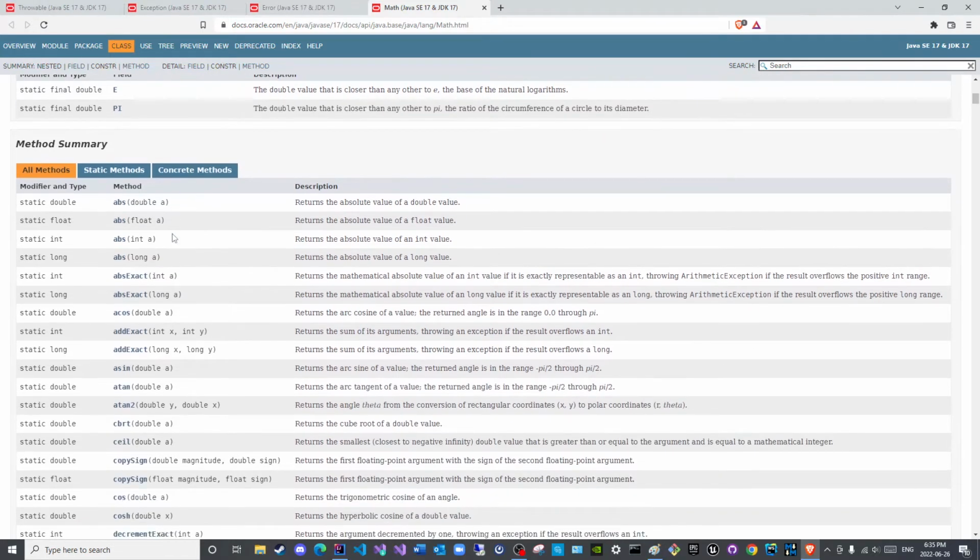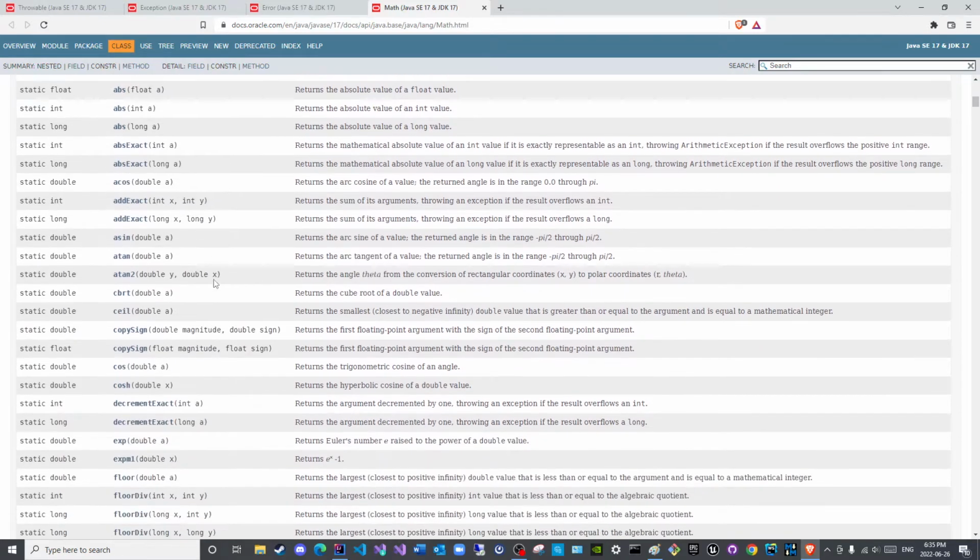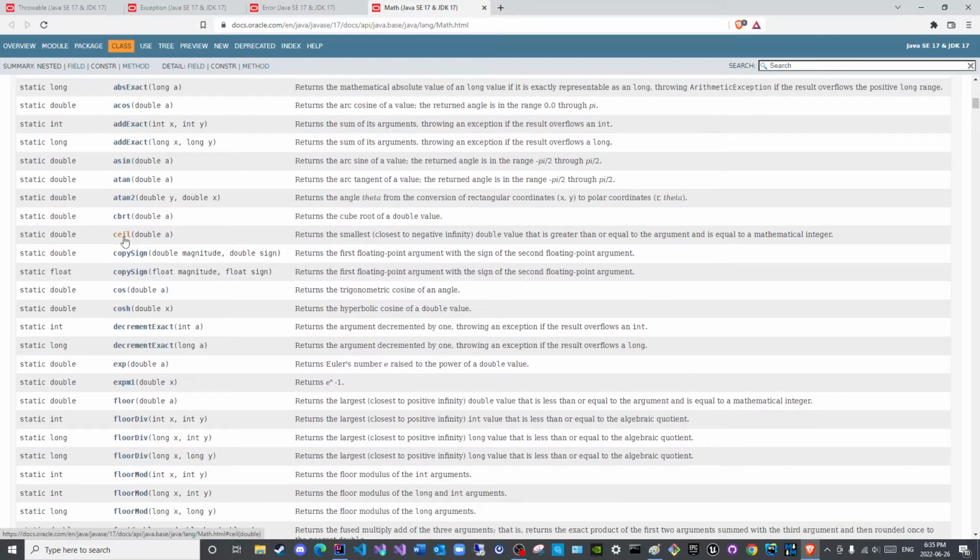In addition, you have various methods such as abs, so you can calculate the absolute value of whatever is passed here. Also, we have what is known as ceil and floor. Ceil always rounds up, as in the ceiling.